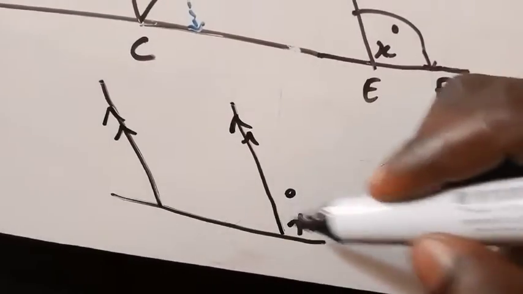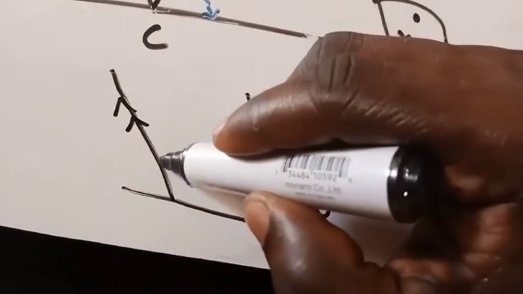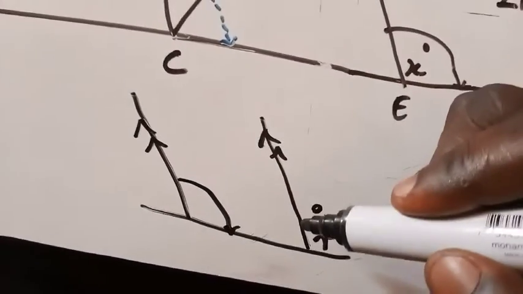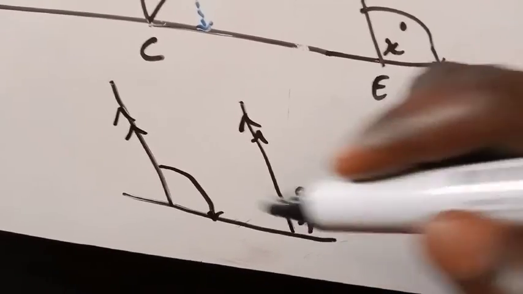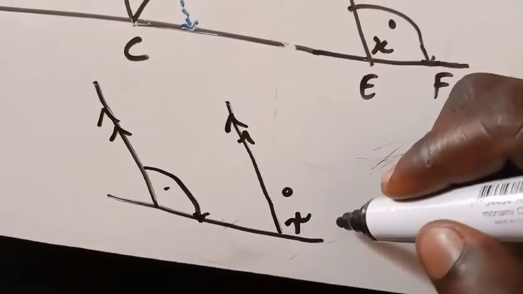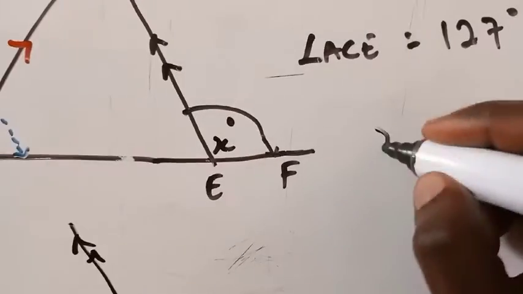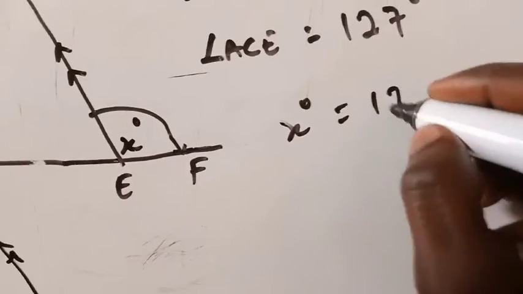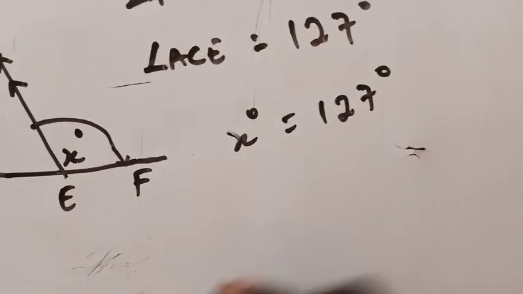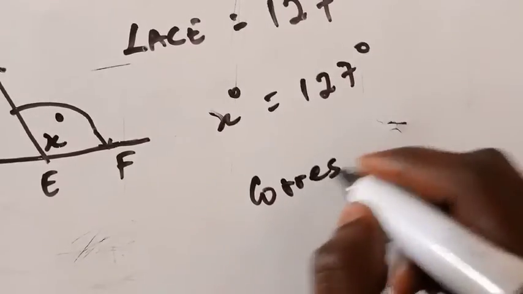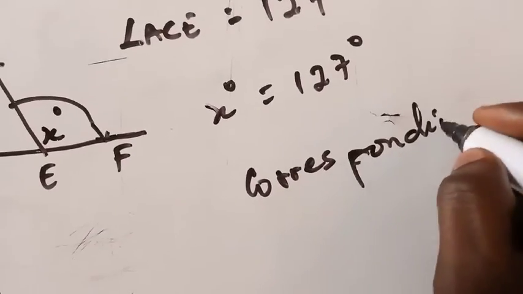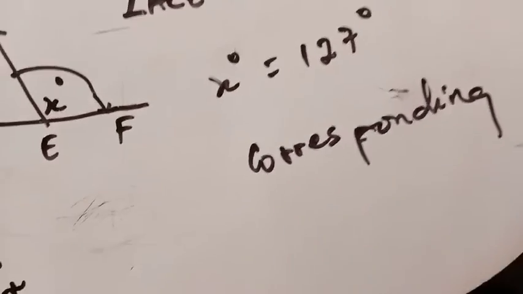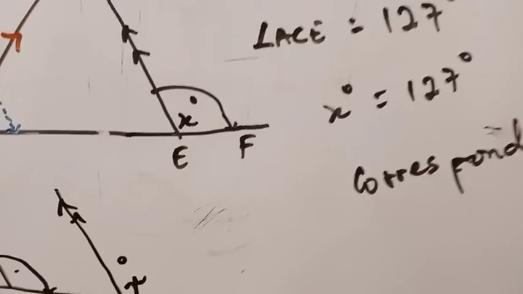If they are parallel, whatever is here must correspond to the one here. Can you see the shape? These two are corresponding. Now we know the angle here. Since we know that angle, we can say that X is also equal to 127 by which property? By the corresponding angles property.